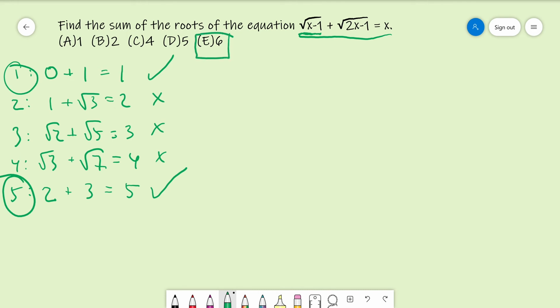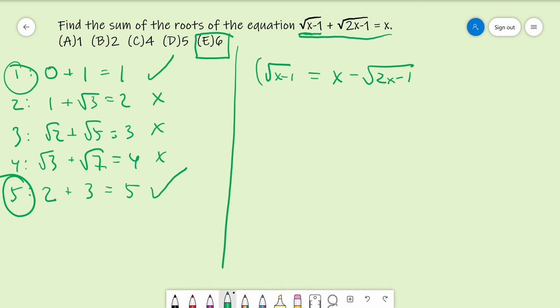So now I'll show you another way to solve this problem, actually solving it algebraically. So let's write it out here. We can rewrite this equation as square root of x minus 1 is equal to x minus square root of 2x minus 1.